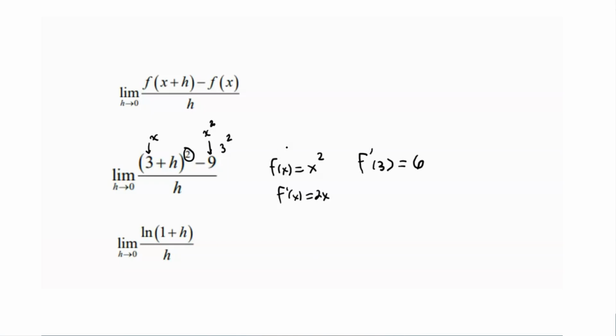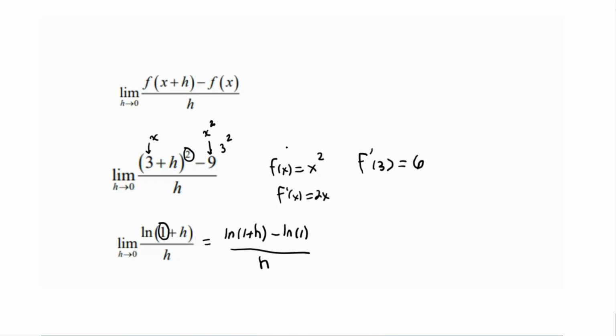All right, so in the next example, another one that sometimes confuses students. Again, we're not using an x value, we're using the value 1. We're not using the letter x, we're using 1. And we can recognize that this is the same thing as natural log of 1 plus h minus the natural log of 1, all divided by h.